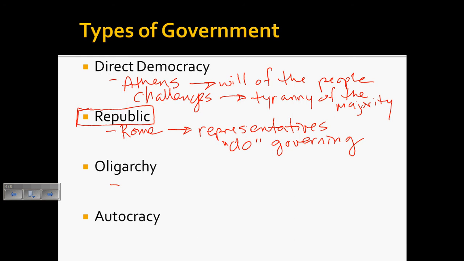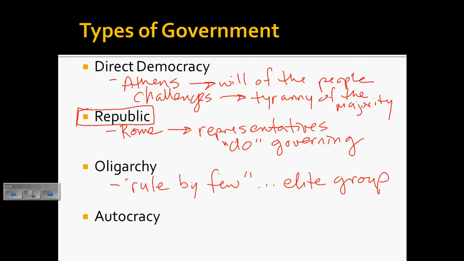It might be a committee, but whatever the case is, it's often an elite group that sits in that power position. If you studied economics or will study economics, you'll hear of a term called an oligopoly. A monopoly is one person controlling everything in economics. An oligopoly is a few firms controlling things. So when we look at government, an oligarchy is rule by few, often the elite in this society.